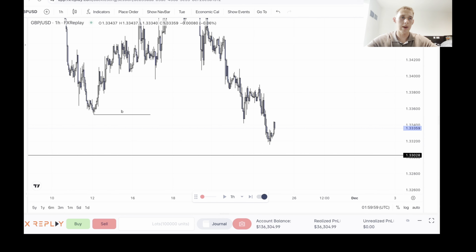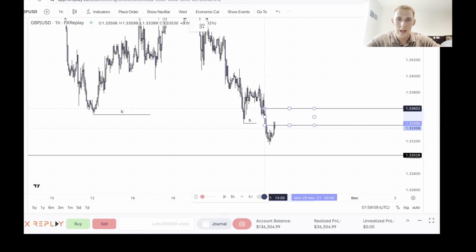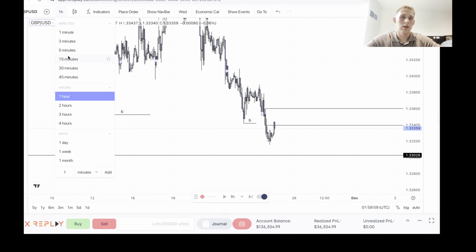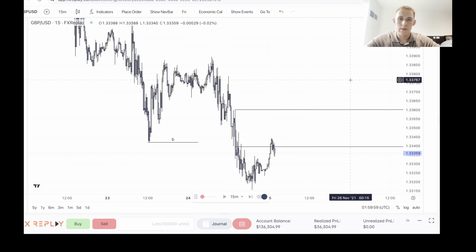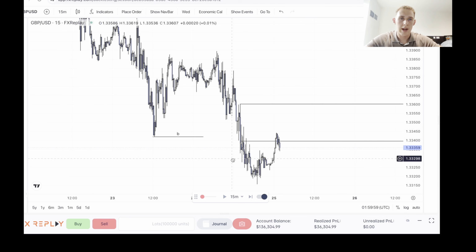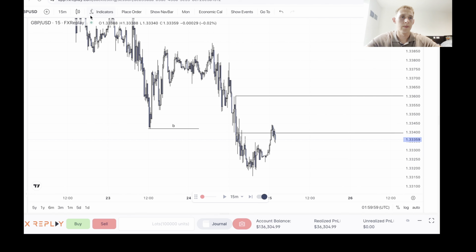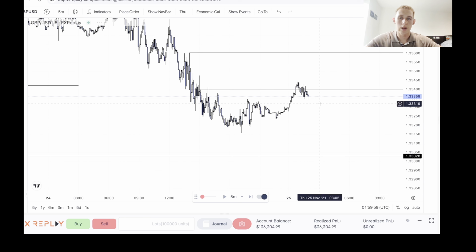Okay, so we've now had another hourly breaker structure. We have this sort of hourly supply as well. Could see price react within this. Let's have a look.